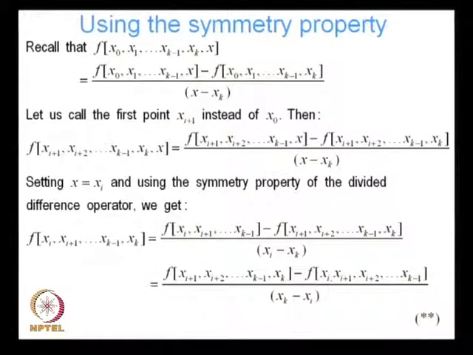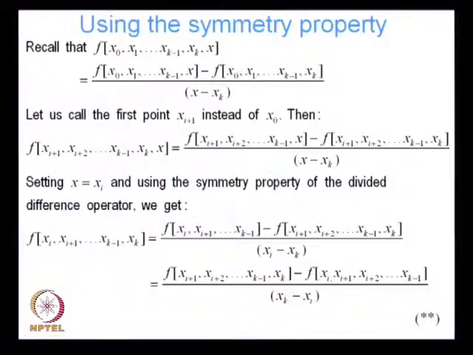So, let us recall again that f of x0, x1, up to xk minus 1, xk, x is given by this by definition. Now, let us call the first point xi plus 1 instead of x0, right. I can call it anything so long as the function value at that point does not change, my polynomial is not going to change.